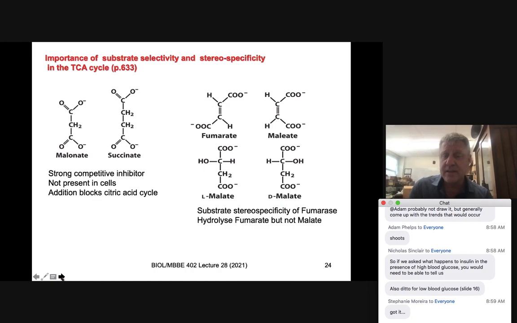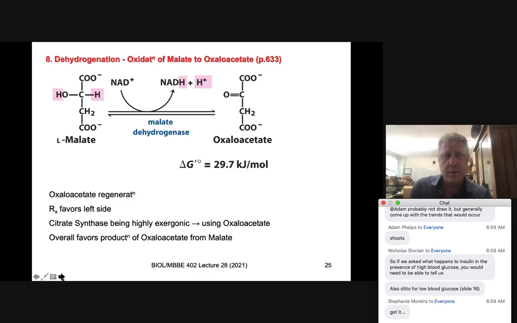So again, we can dissect this pathway by looking at the roles of inhibition in this system. We're going to leave it at that because I want to talk more specifically about the dehydrogenation of malate to oxaloacetate, because that will then complete our cycle.